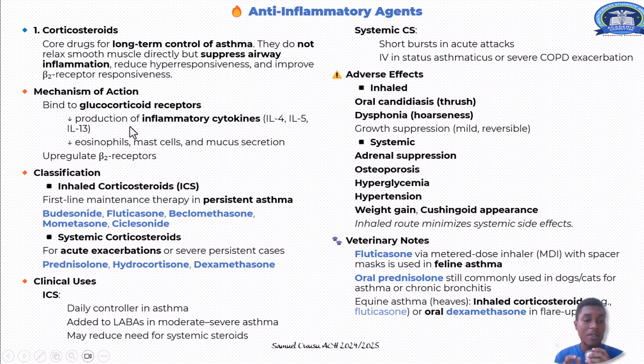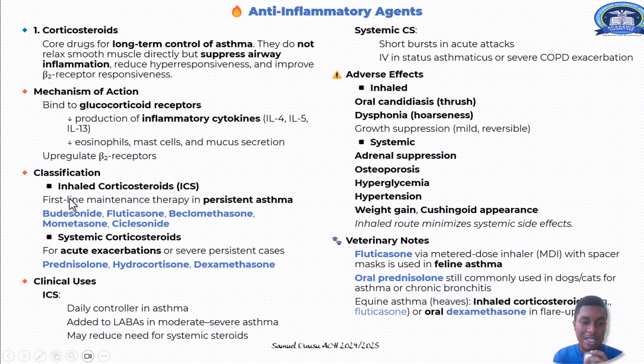They block everything so that airway inflammation will not happen. They also block the phospholipase A2 enzyme that converts membrane phospholipids to arachidonic acid. In this case, you are not producing any leukotrienes as well. So these are the agents that we mostly use.